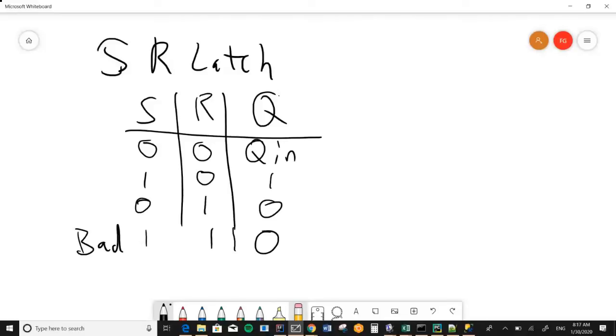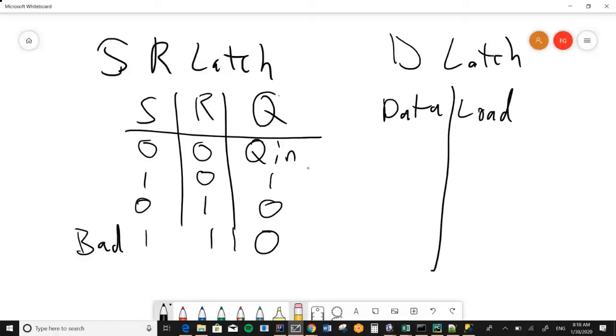Specifically, what we really want to do is have a way of saying, if some circuit is outputting a bit, we want to save the thing it's outputting, whatever it happens to be. And so that's why we built on top of the SR latch, the D latch. The idea of the D latch was to say, we've got a data input and we've got a load input.